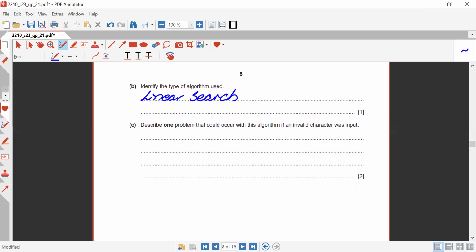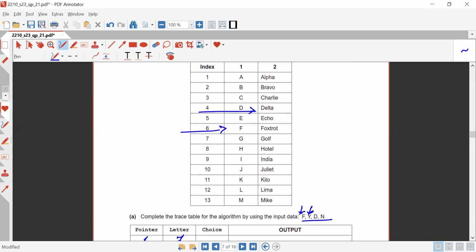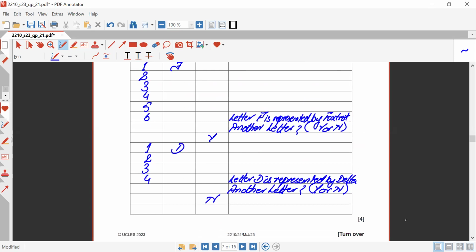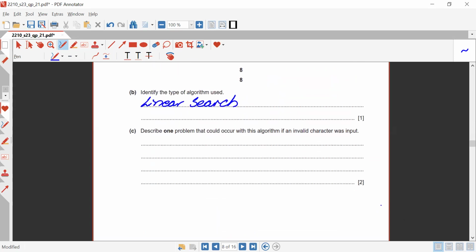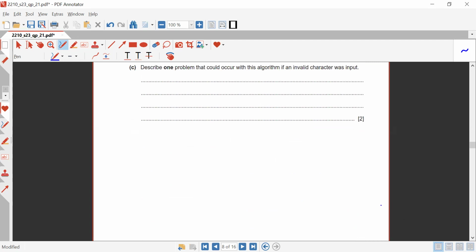Okay, now they are saying describe one problem that could occur with the algorithm if an invalid character was input. So if an invalid character is input, what is going to happen? That means apart from A till F and Y and N. Obviously, if any such character is input, it won't stop and it will continue searching in the algorithm.